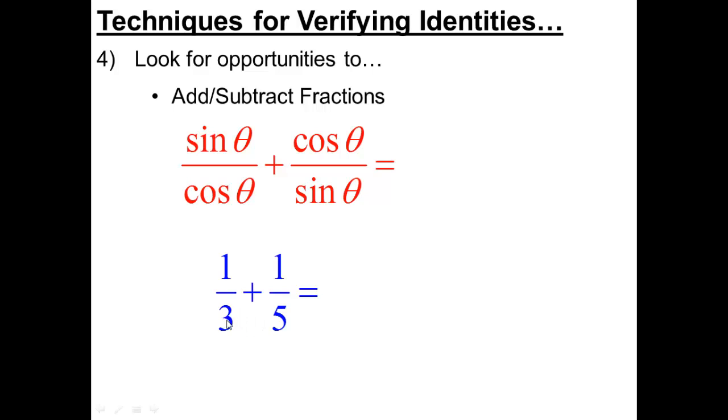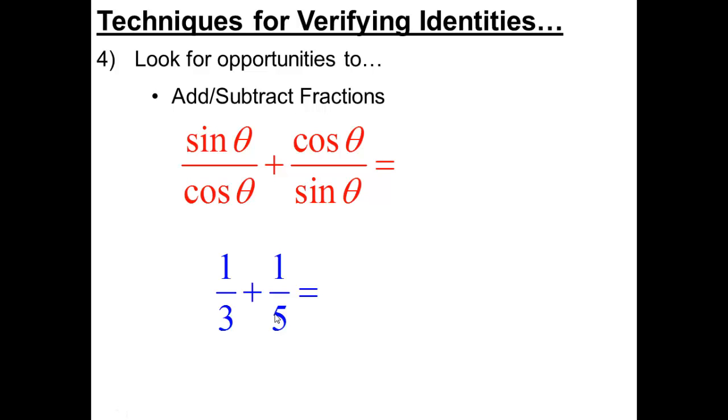So then you would list out multiples of 3: 3, 6, 9, 12, 15, 18, 21, and you list out multiples of 5: 5, 10, 15, and then you would realize, hey, 15 is a common multiple of both, and you could use 15. But of course, the quicker way, in order to not waste time, is just to take the 3 and the 5 and multiply them together. 3 times 5 is 15.